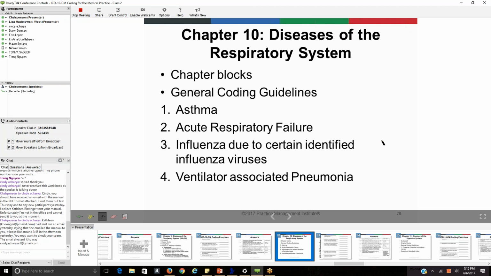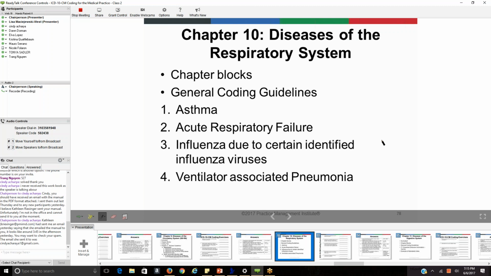Code J95.851, ventilator-associated pneumonia, should be assigned only when the provider has documented VAP. An additional code to identify the organism should also be assigned. Do not assign an additional code from categories J12 through J18 to identify the type of pneumonia. This is ventilator-associated pneumonia. Okay.